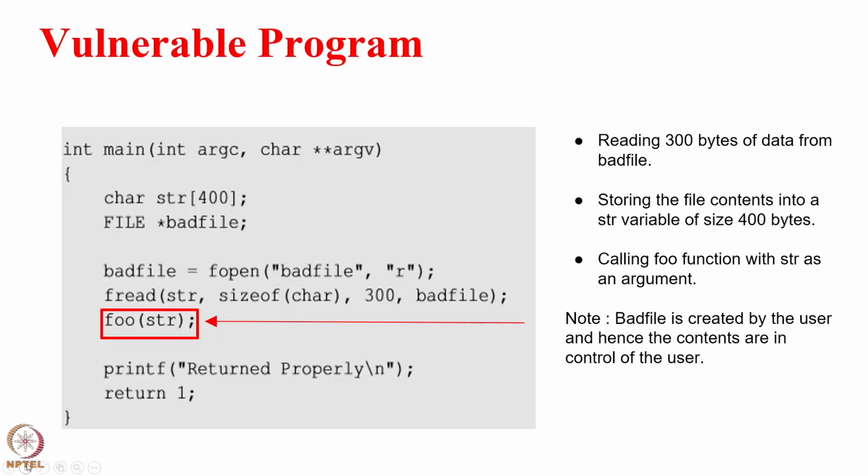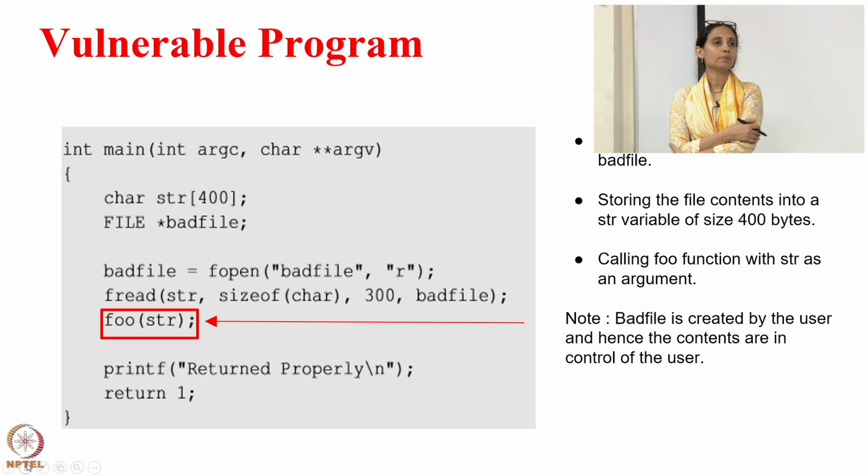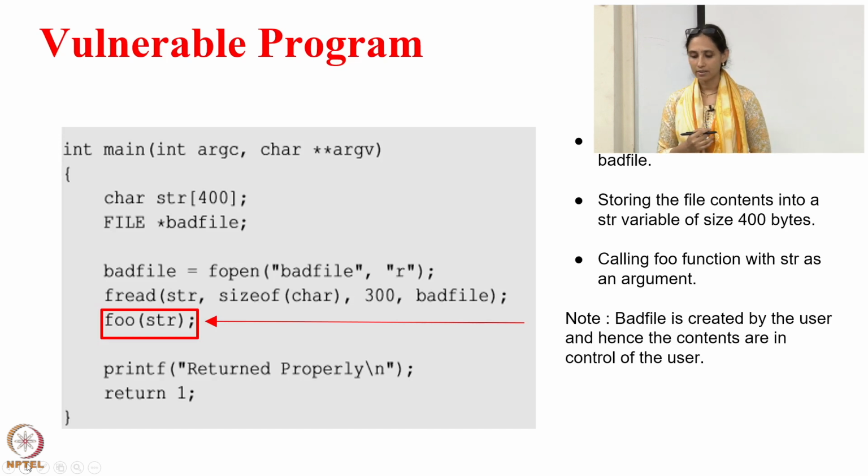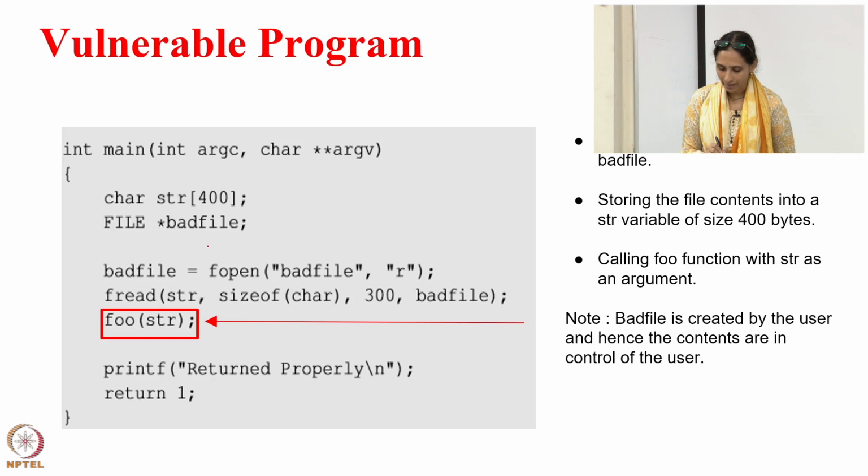Now we are coming to what the buffer overflow attack is. This is an example of a program which has a vulnerability called a buffer overflow. Let us see the program. There is some bad file in the computer, and you are opening that bad file.